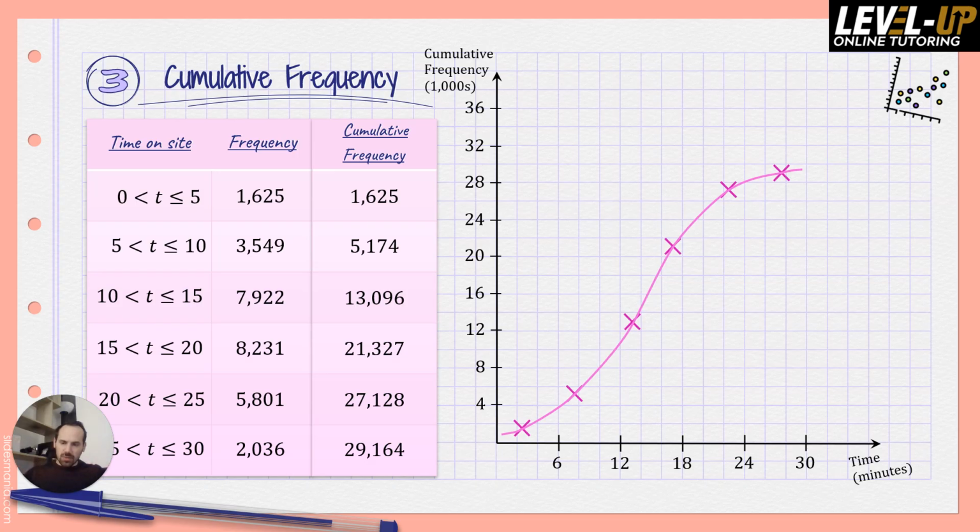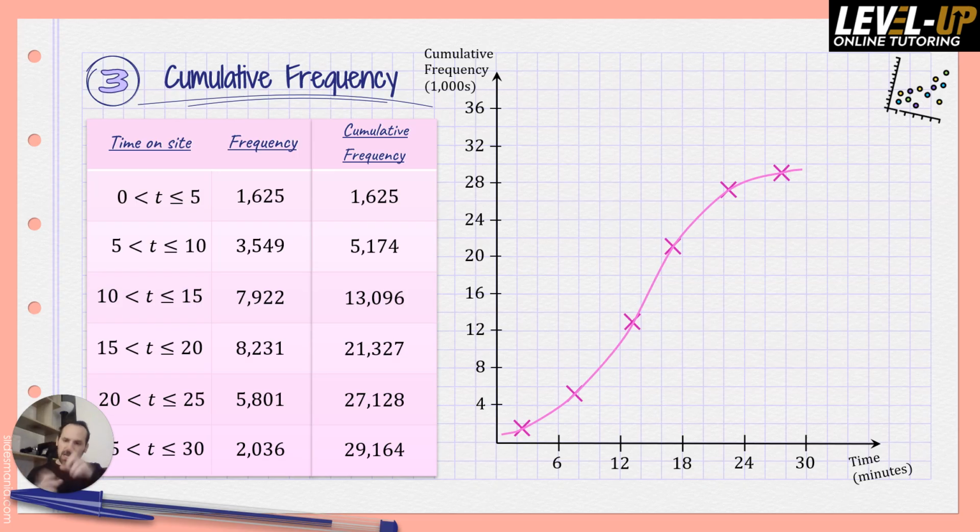This is what's known as a normal distribution, which we don't really study much at GCSE level. But if you go on to A level maths or statistics, you'd be studying normal distributions a lot, and that causes this characteristic shape. It goes up steepest in the middle because that's where most of the data is, and then gradually less steep towards the top and the bottom where there's less data, and so it creates this S shape.